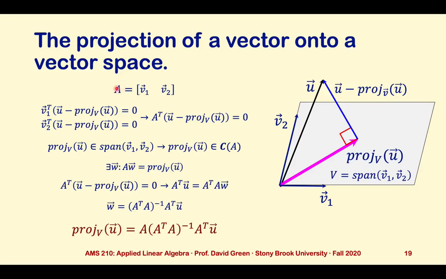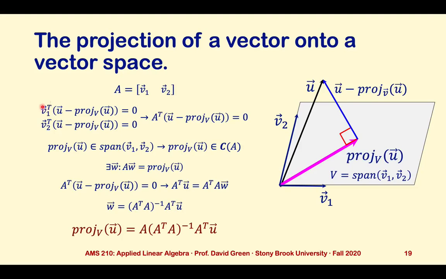Okay. Once we've done that, what are some of the rules that we have? Well, we know that this difference, U minus the projection of U onto the vector space V, must be orthogonal to all of the vectors in the vector space, and it's sufficient for orthogonality to a vector space to look at orthogonality to the basis vectors. So we can require that V1 transpose times this orthogonal component and V2 transpose times that orthogonal component both equal 0.